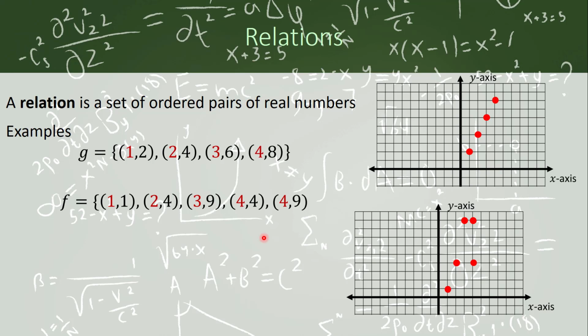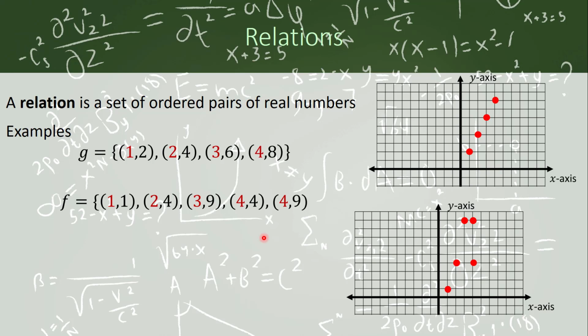Now we have spent most of this semester working with linear equations, y equals mx plus b, and that actually is a relation, or it describes a relation, and from that equation we can come up with an infinite set of ordered pairs. As a matter of fact, we can come up with an uncountably infinite set of ordered pairs, and that would be our relation.